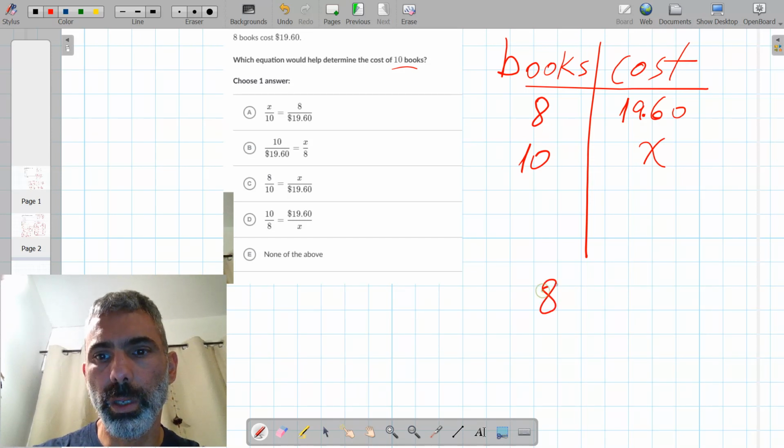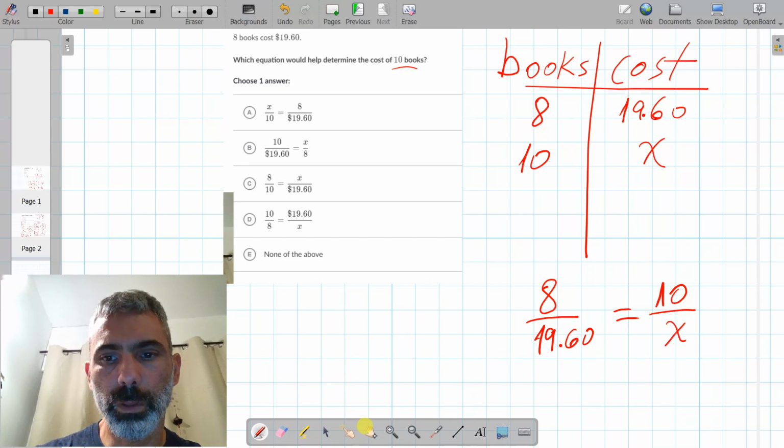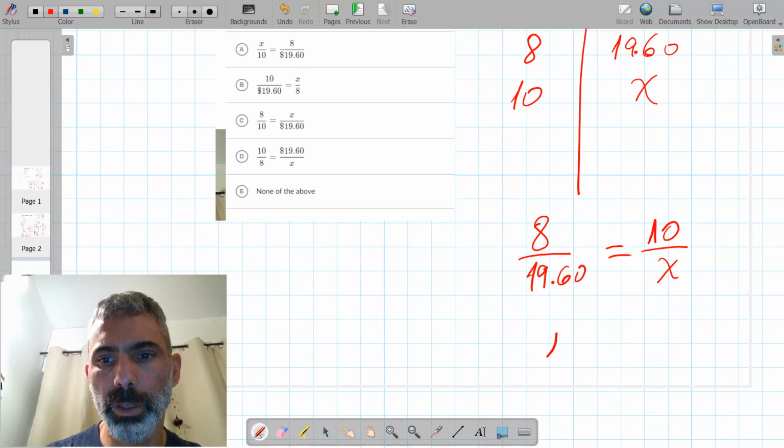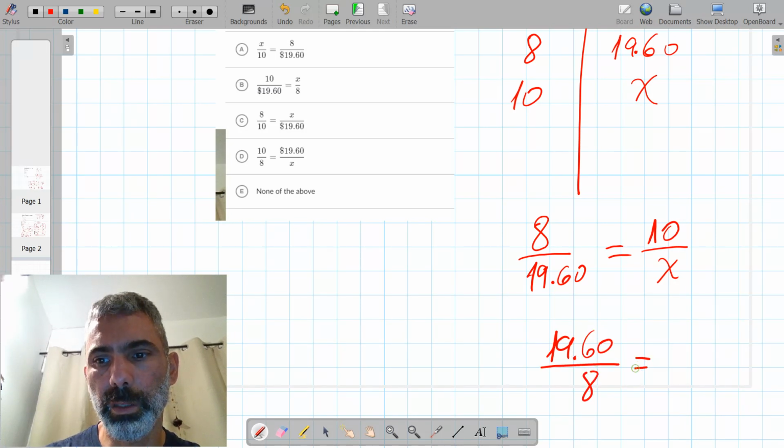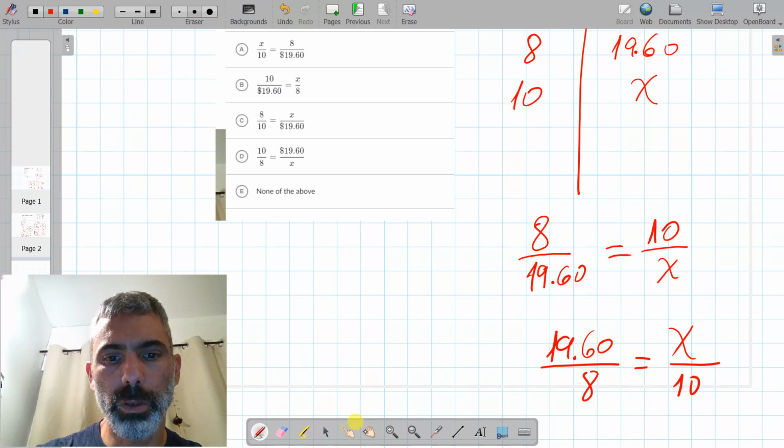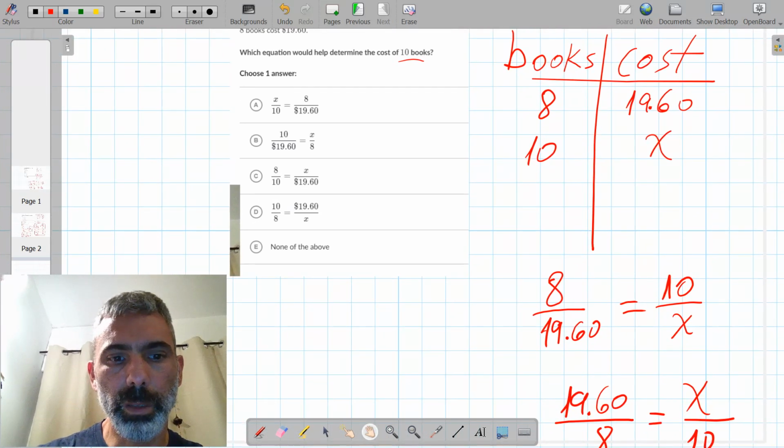So 8 to 1960 is the same as 10 to x, or the other way around, 1960 over 8 is the same as x over 10.